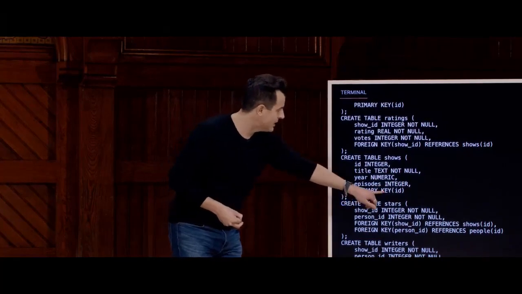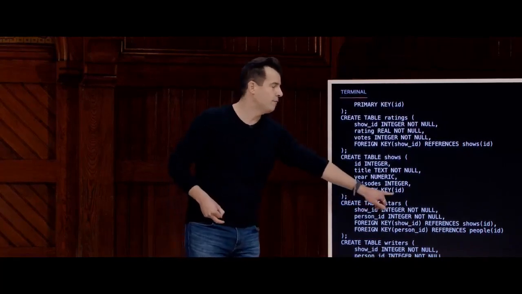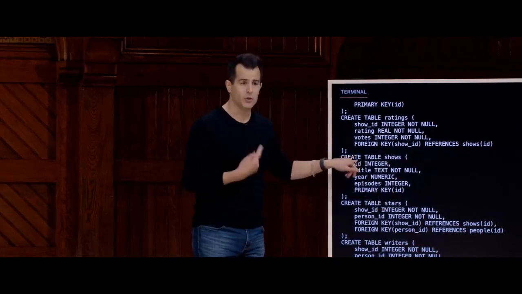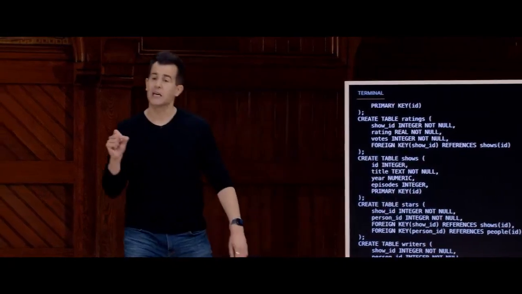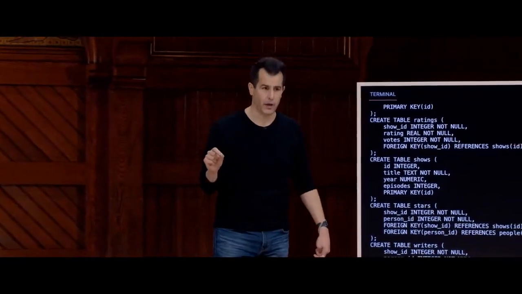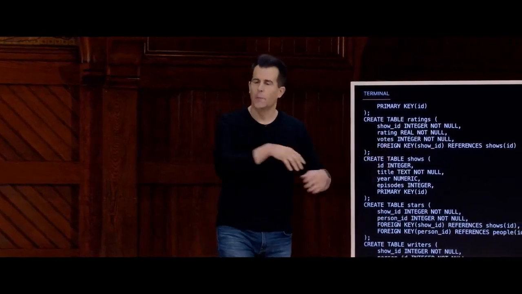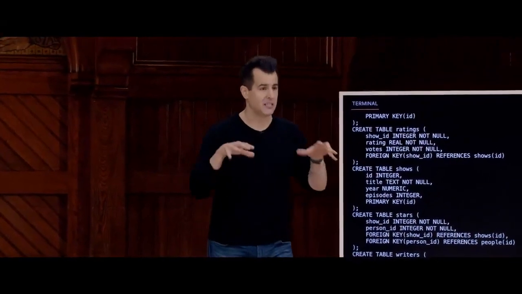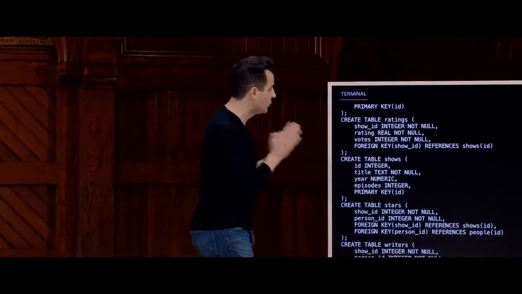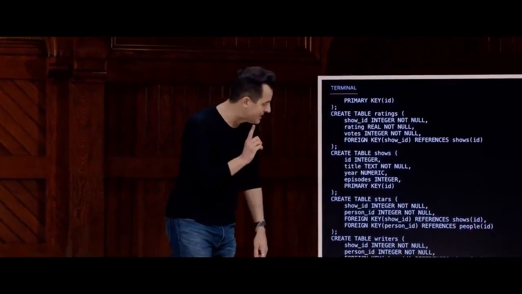And then lastly, notice this. The primary key of the shows table is apparently the column called ID, mentioned a few lines earlier. This just means that the database will use the ID column as the unique identifier. So it's similar to the unique keyword, but primary key just means the database is going to treat it as special too and make sure that it is uniquely identifying your data. But what's interesting is this.